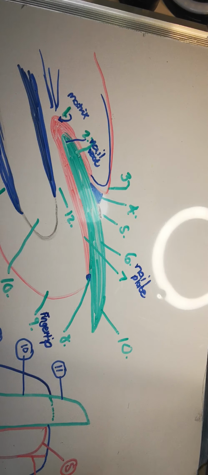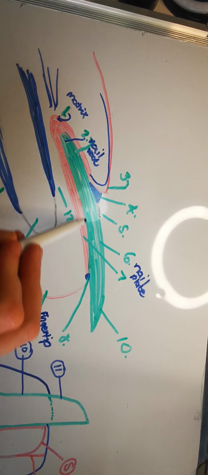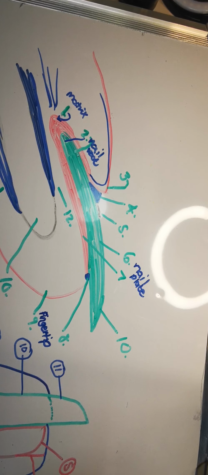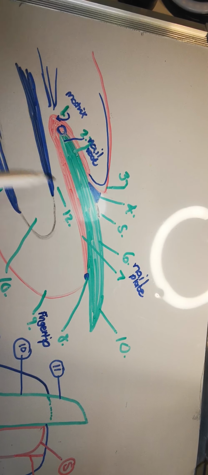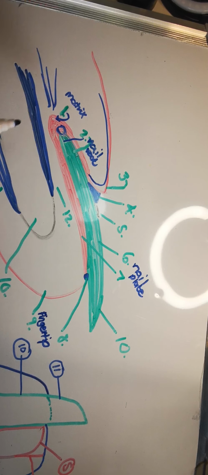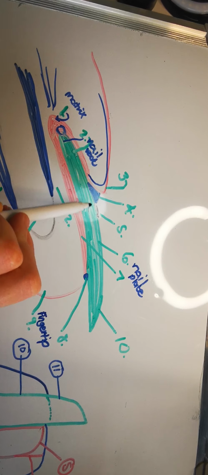So, nails are made up of keratin, which is the same thing that your hair is made up of. Okay, this green part here is dead. That's why you can cut your nail and you can cut your hair, because it's not alive. It's alive here in this part here. But once it grows, and how it grows is that the matrix produces all these keratin cells and then squashes them flat to produce the nail.